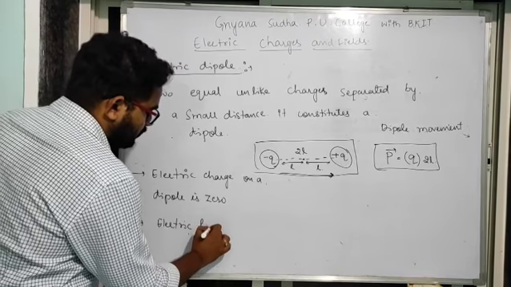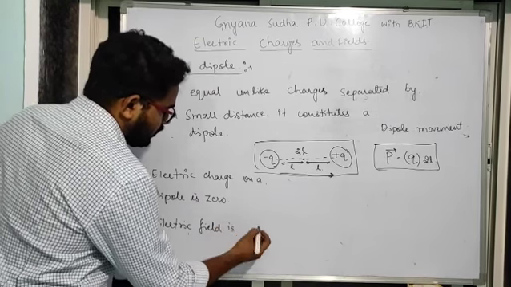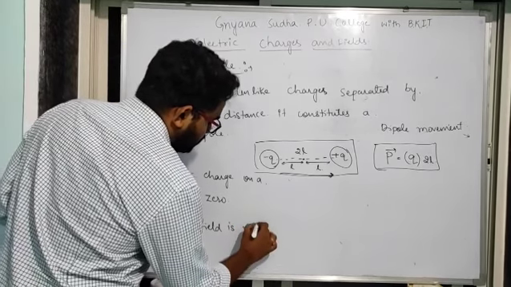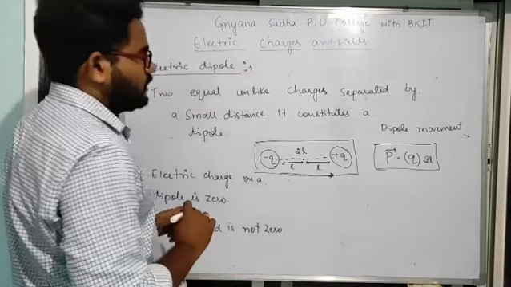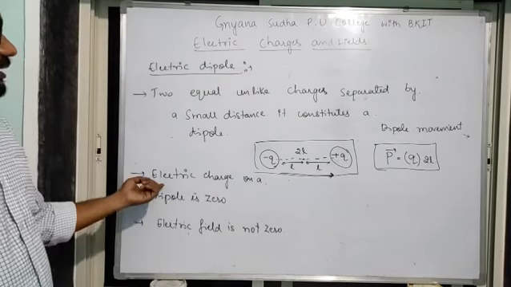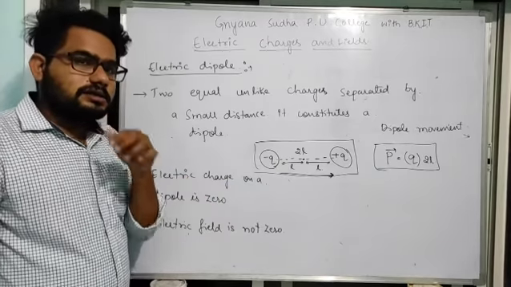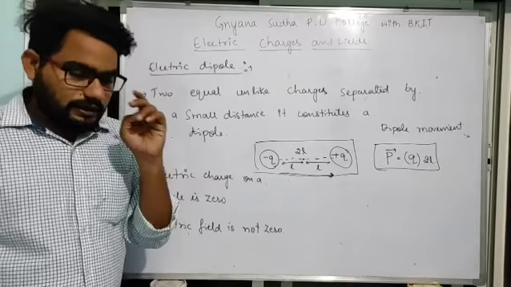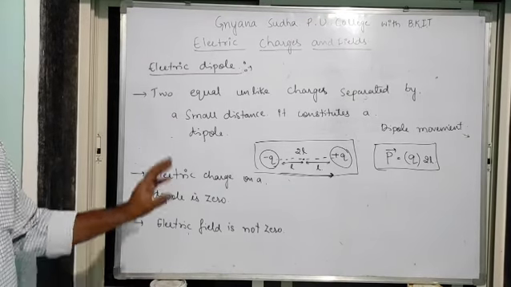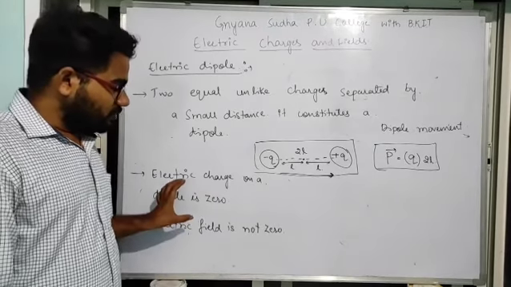Electric field is not 0. डाइपोल में अगर देखेंगे तो चार्ज 0 है बट इलेक्ट्रिक फील्ड इज नॉट 0. इलेक्ट्रिक फील्ड रहेगा. ठीक है, there is a force of attraction. ये दो इंपॉर्टेंट पॉइंट्स हैं.